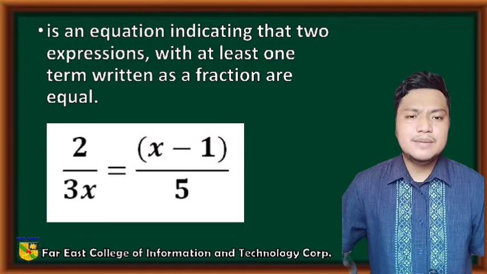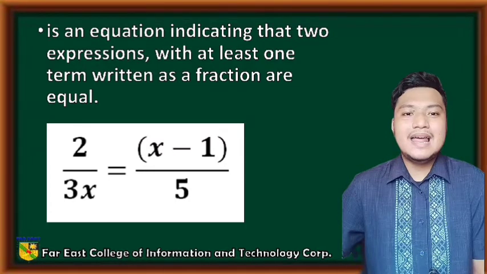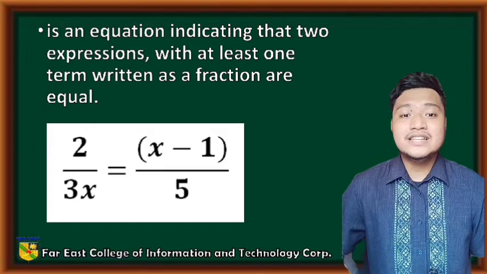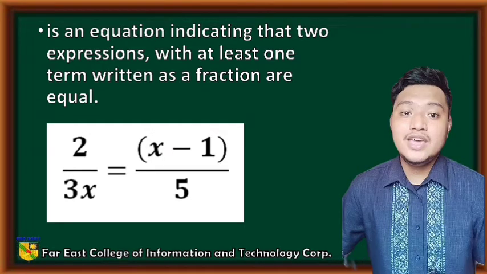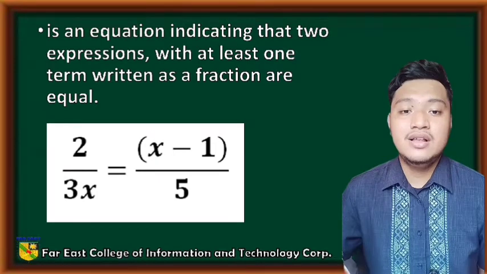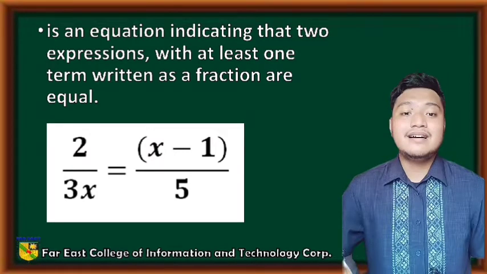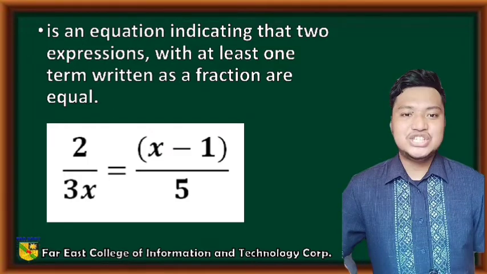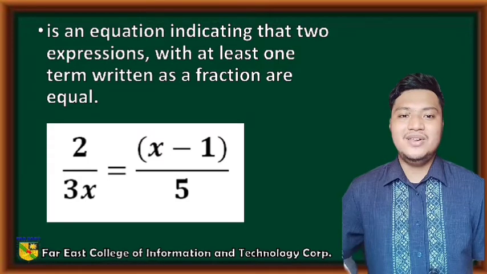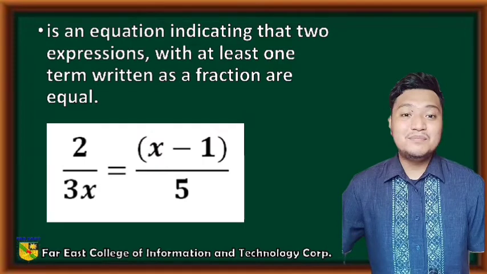So, paano ba natin malalaman kung bakit siya naging equation? So, for the word itself, equation, the root word is equal. So, pag meron ka na pong nakitang equal, it is a rational equation. So, in this example, meron po siyang equal.